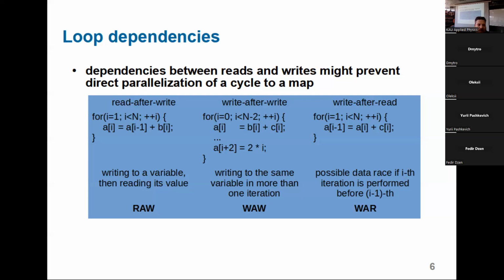Can this be parallelized? It's kind of an opposite situation than here, where I was using the previous element to set my current element. Here I'm using the subsequent elements to set my current element. It's still the same problem.